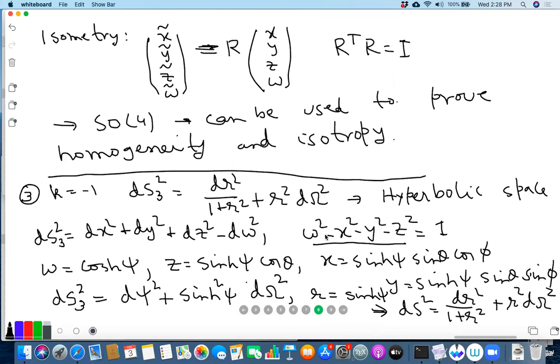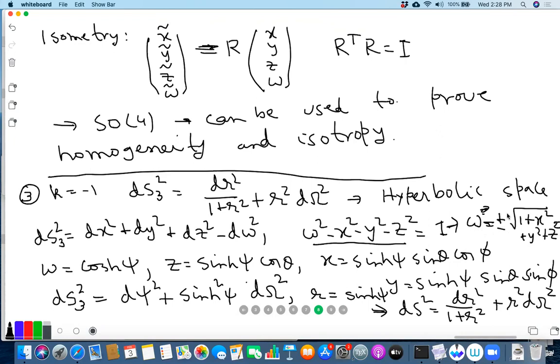I should have emphasized that this has two components, just as all hyperbolas have two components. So this gives w equal to plus or minus the square root of 1 plus x squared plus y squared plus z squared. And you have to choose only one branch, either plus or minus, it doesn't matter which.